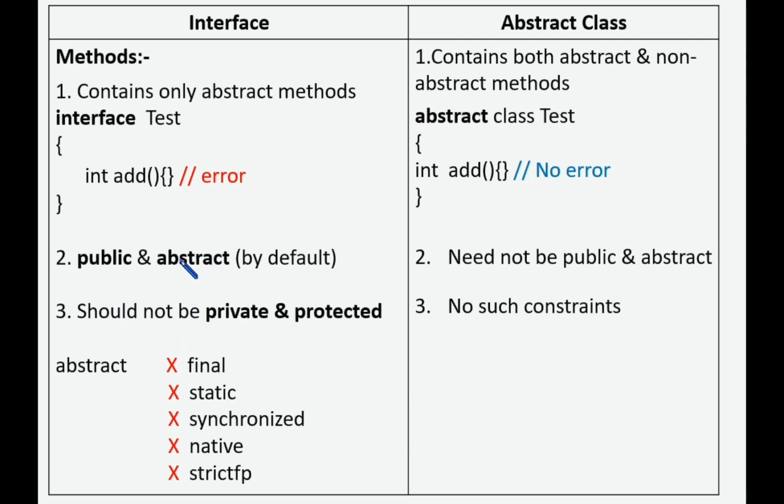Similarly, when we give the abstract modifier, we can't use these 5 combinations. Whenever we give abstract, we can't give final, static, synchronized, native and strictfp. These 5 combinations are illegal. Whereas in case of abstract class, it need not be public abstract. Moreover, no such constraints.